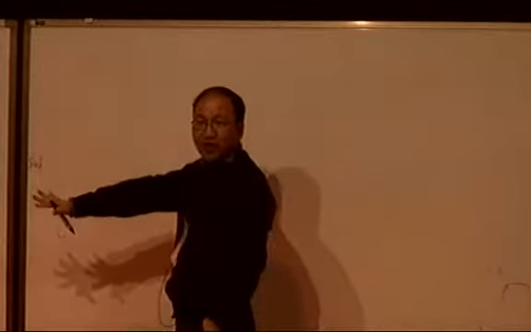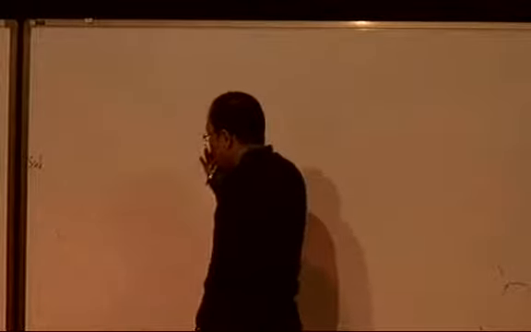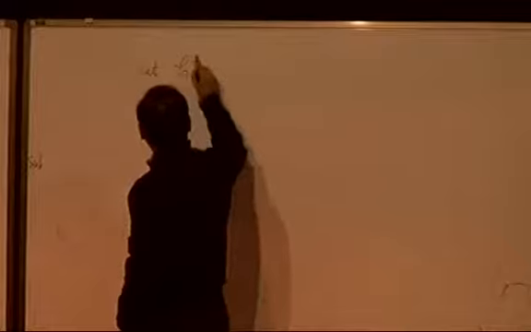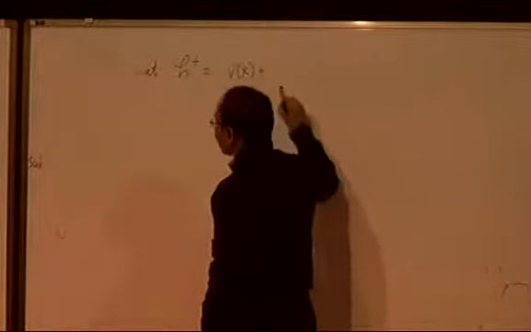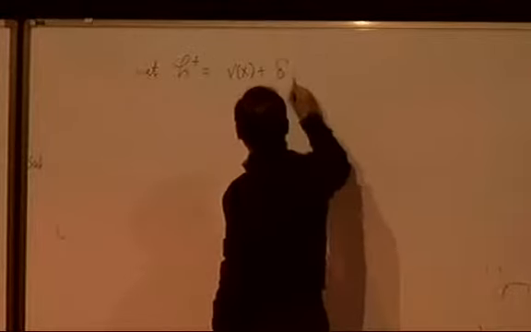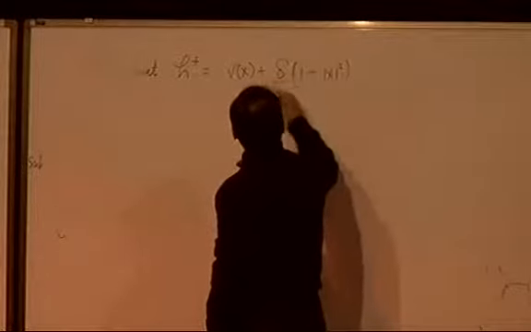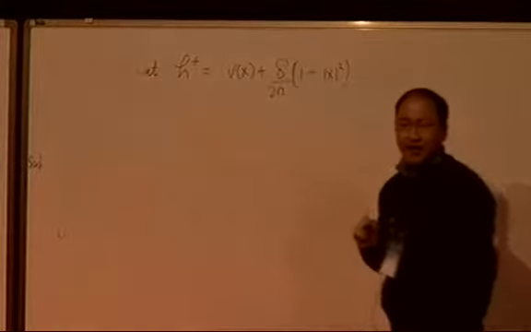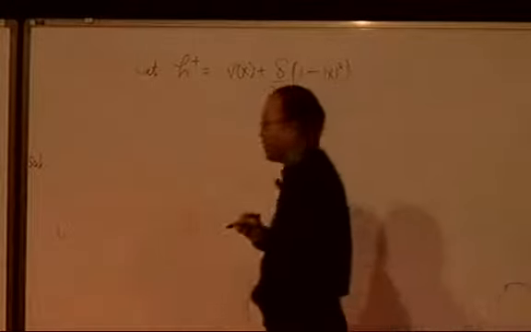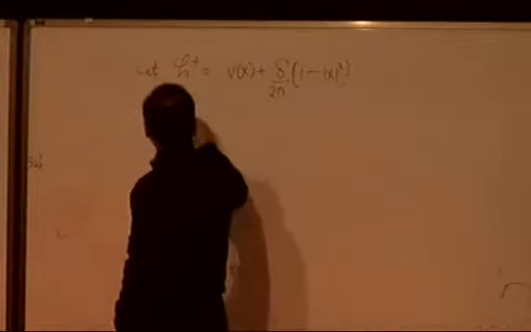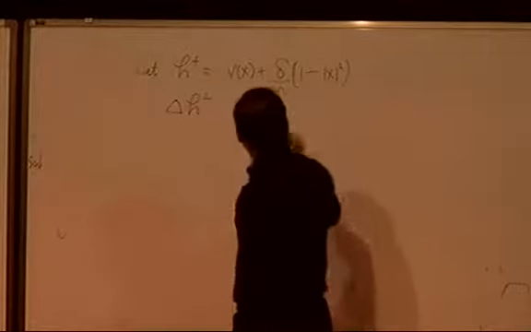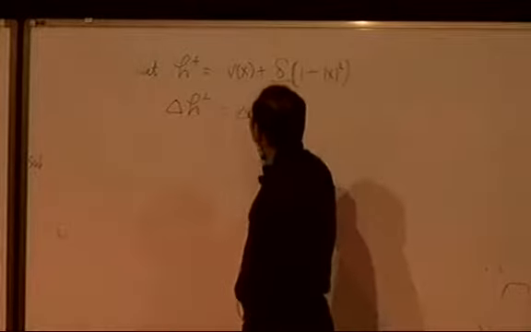Now I'm talking about the L infinity estimate, and I'm going to use the following fact. Let h plus be v of x plus delta times (1 minus |x|^2) over 2n, and this one will be a supersolution. If you apply the Laplacian, then the Laplacian of v is 0.